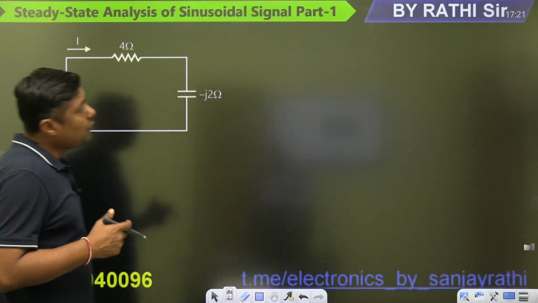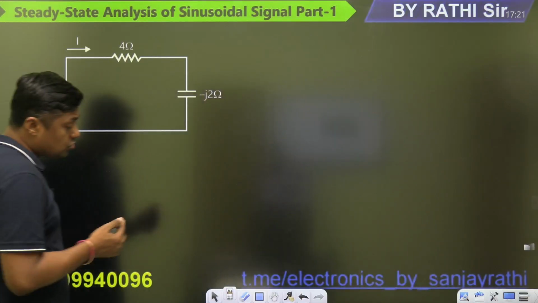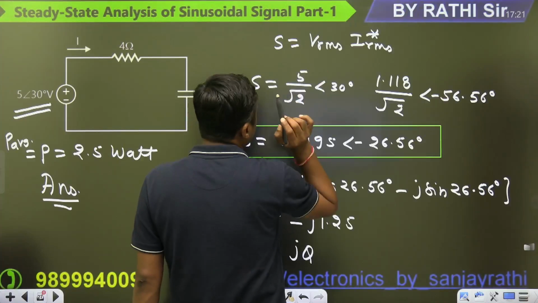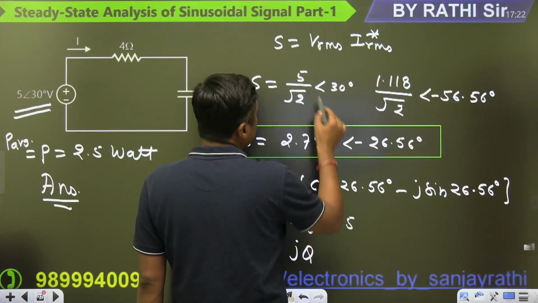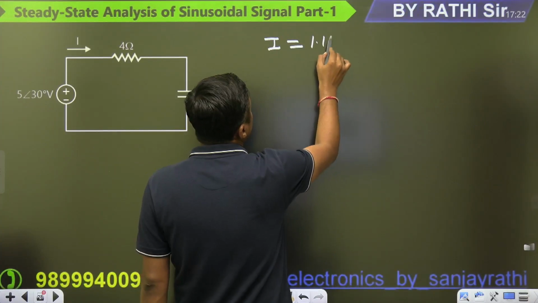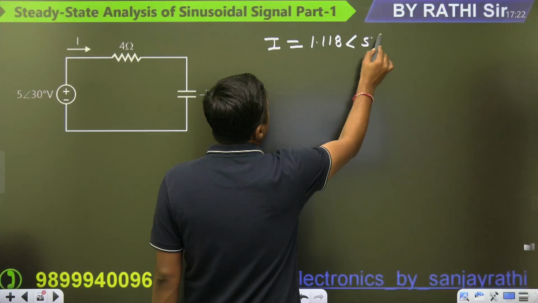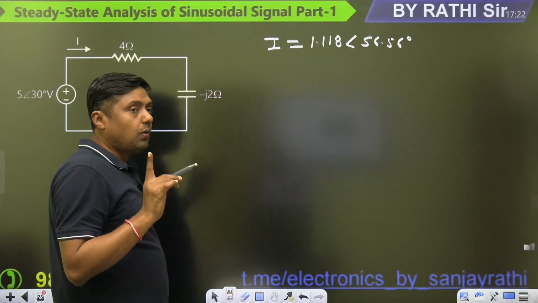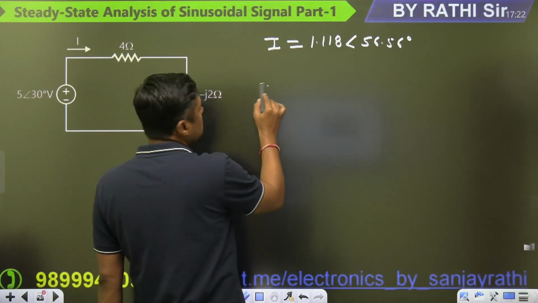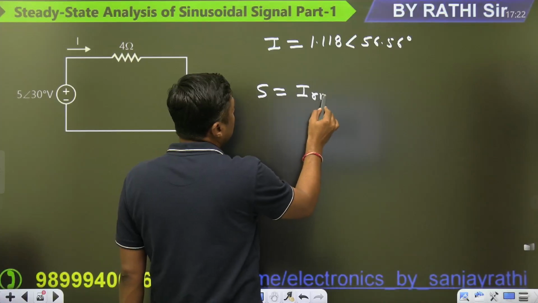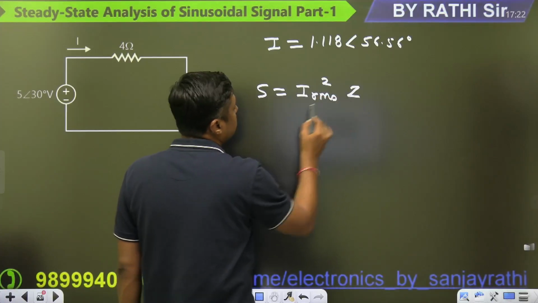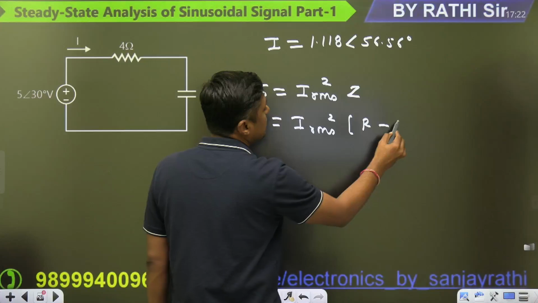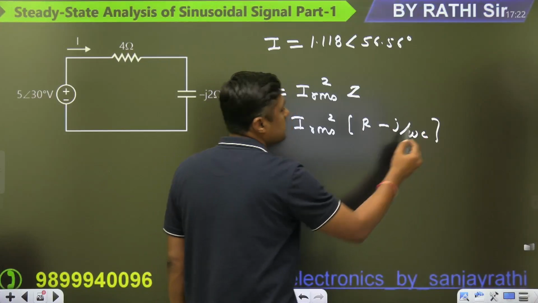Now, if you want, directly you can also solve. How? For example, what is the I? I is 1.118 angle of 56.56. Okay. Now, what is the S? I RMS square into Z. You can say I RMS square into R minus j by omega C. This is the impedance.